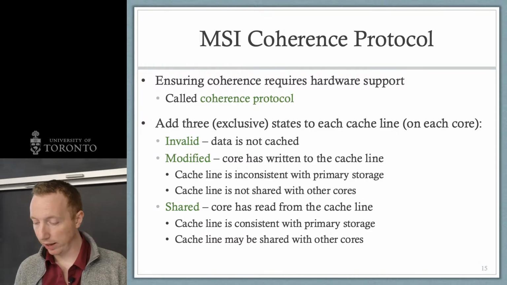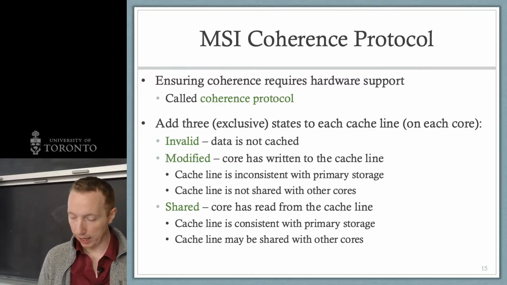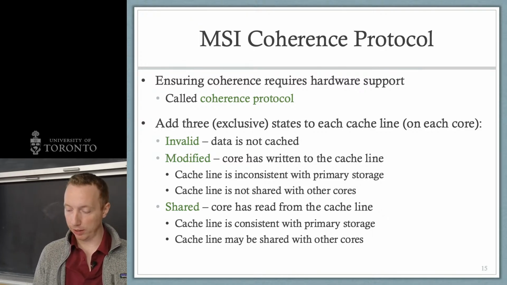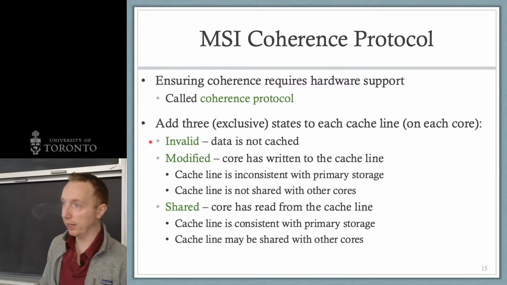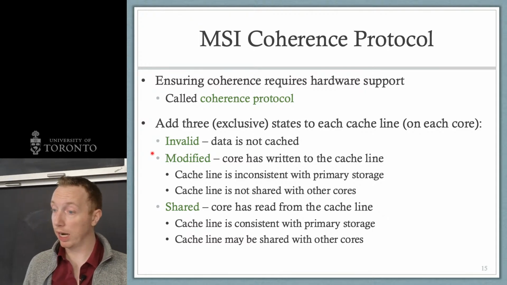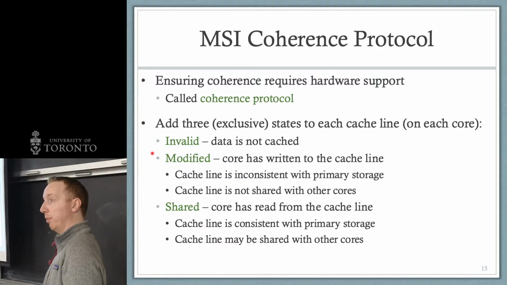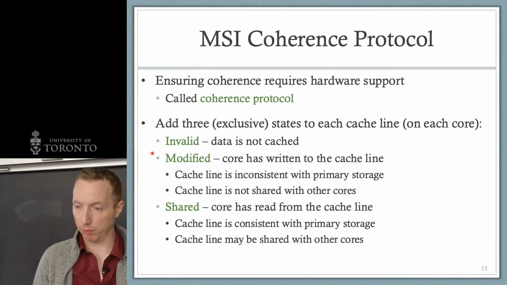So they add a state to the cache block for each core, and it has one of these states. So it can either be invalid, so the data is not in the cache. It can be modified, which means this core has updated the value in the cache. It's inconsistent with main memory because we're assuming just write back.